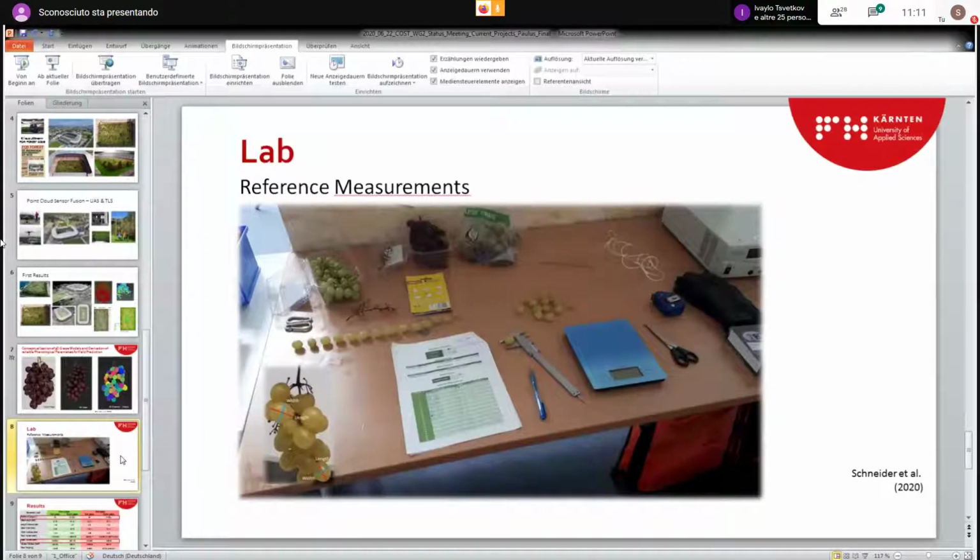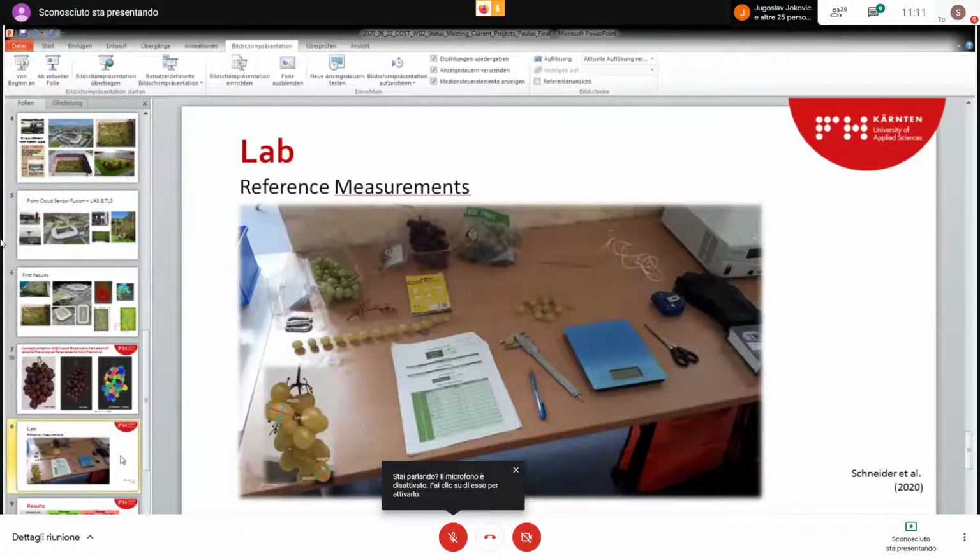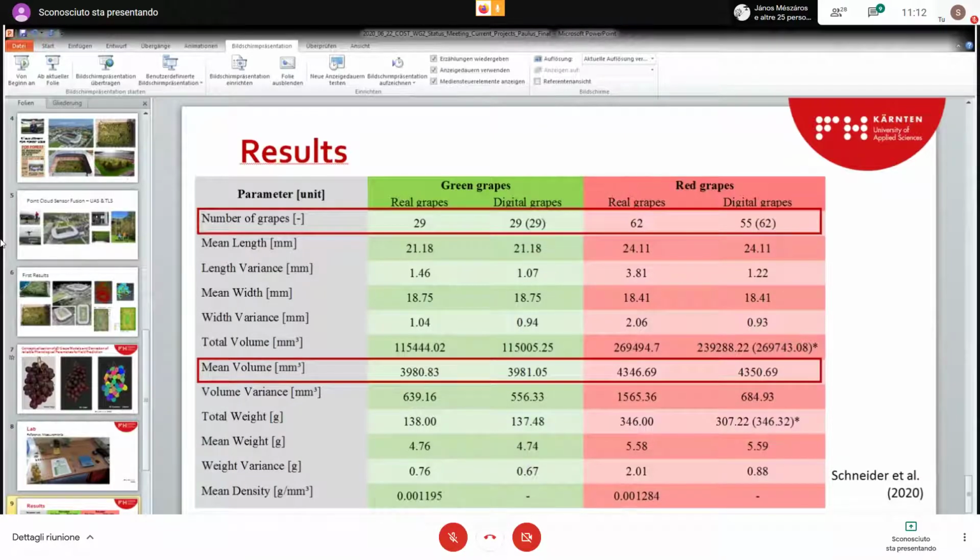He took a lot of reference measurements, determining the volume, width, length, and also the weight of the individual grapes. And just to show you some of these comparisons, this worked out quite nicely.